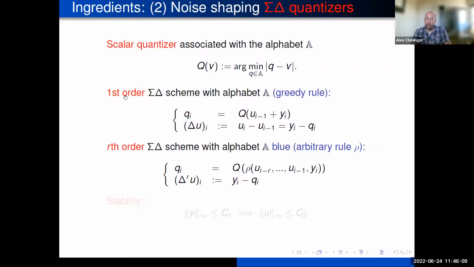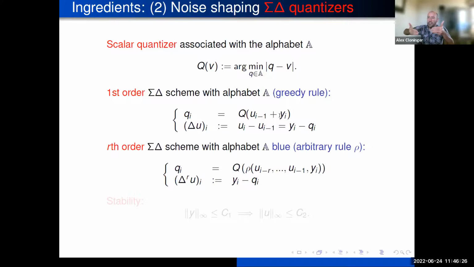But now what we're going to introduce is what's called a first order sigma delta scheme. What that says is I'm going to round to the nearest bit, but I'm not going to actually round the thing I got in. I'm going to round the thing I got in plus a running tally of how much error I've already agglomerated.